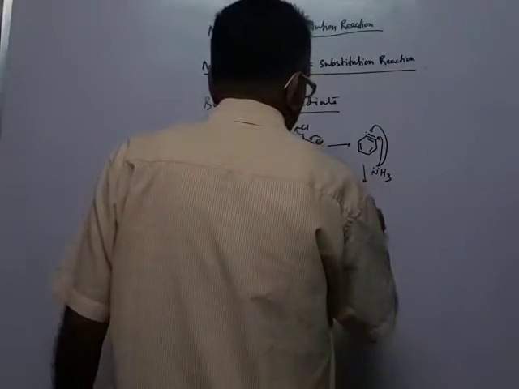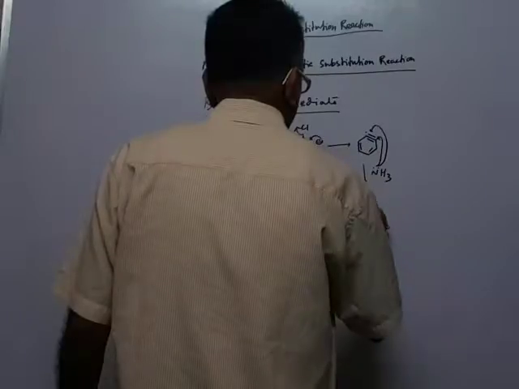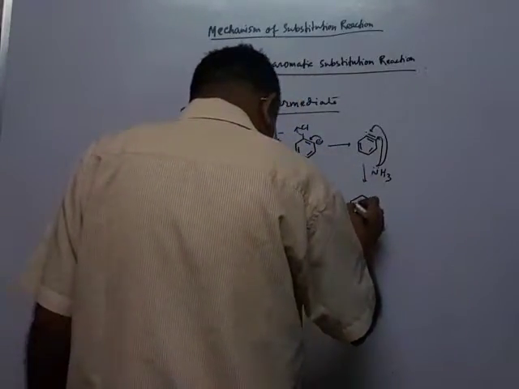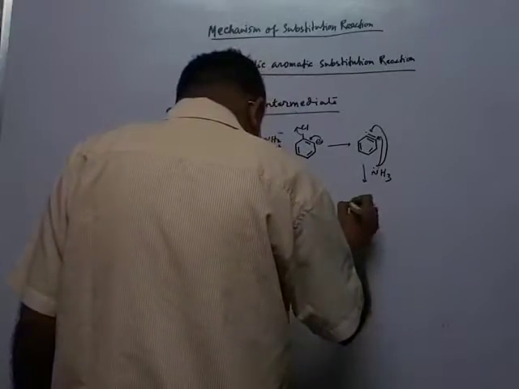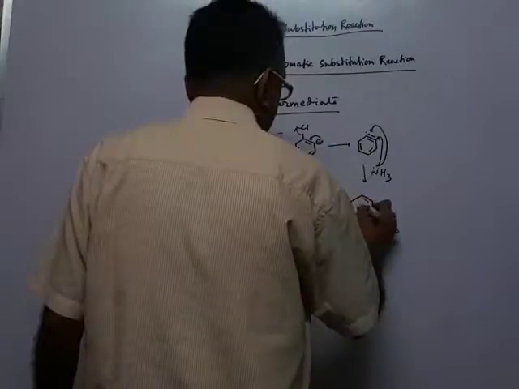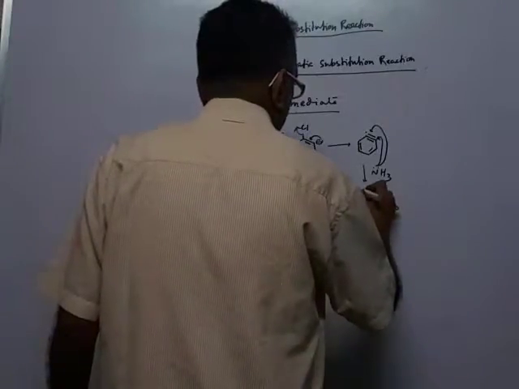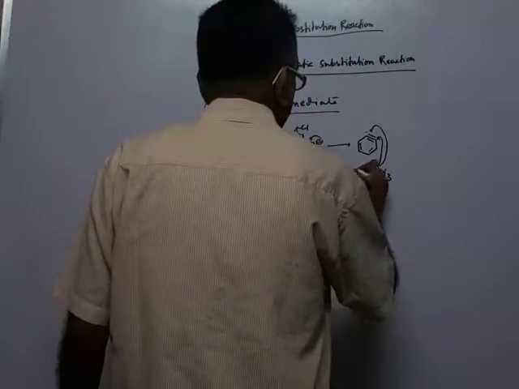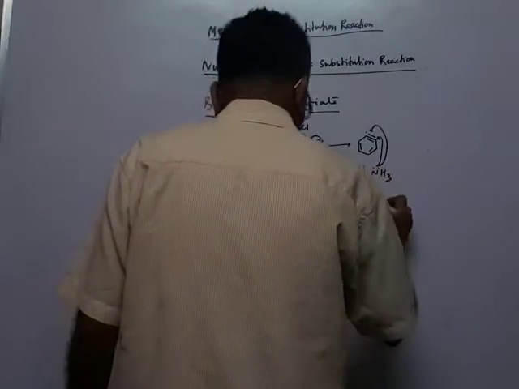So we can get two products, where one is NH2, that is NH3 minus H plus, and another product is the other isomer.